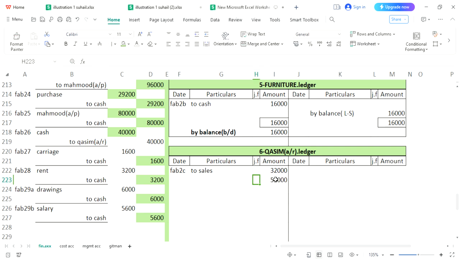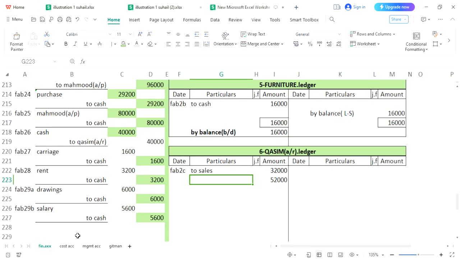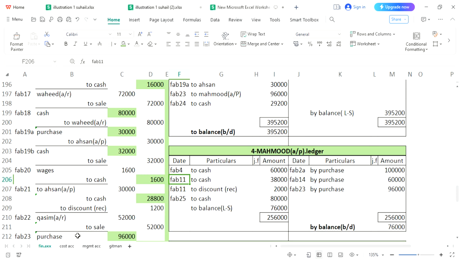Now let's see the reference of 52,000. You can see Qasim is debited. What is written on the opposite side? To sale. So this to sale will be used for reference. Now we will see the date of 52,000.